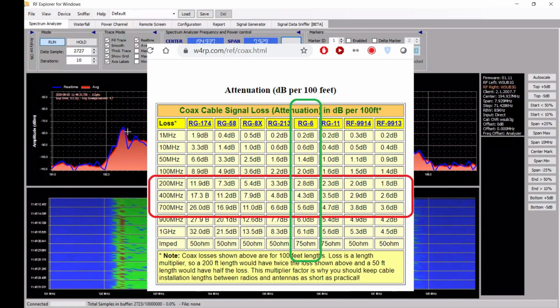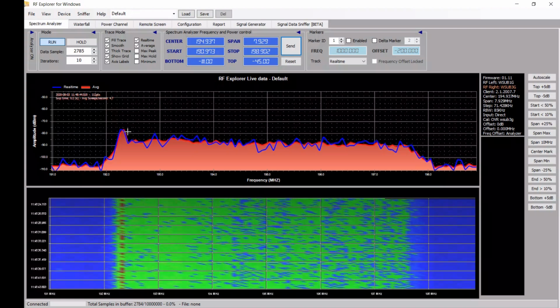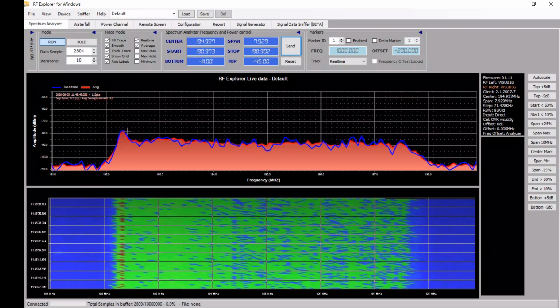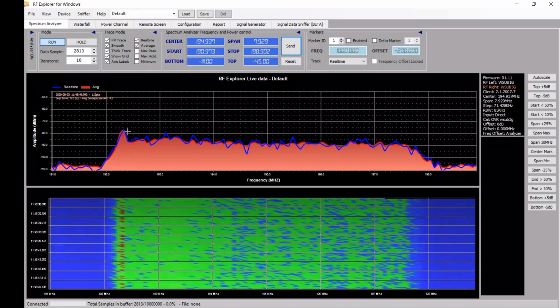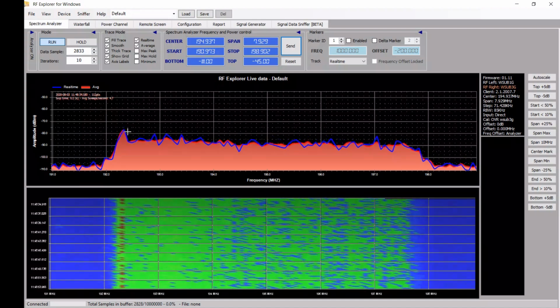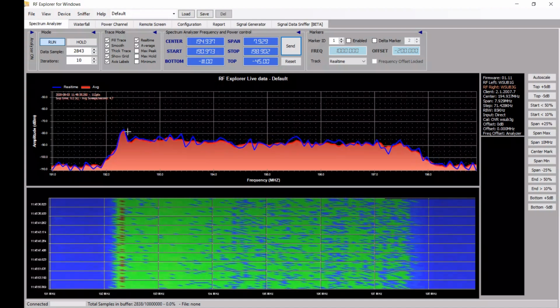So if you have a very long run of coaxial cable, it can attenuate the signal so much that it drops below the sensitivity of your receiver. So if your TV receiver can't see a signal below, say, minus 70 dBm, it doesn't matter what the signal to noise ratio is anymore. It won't see the signal.